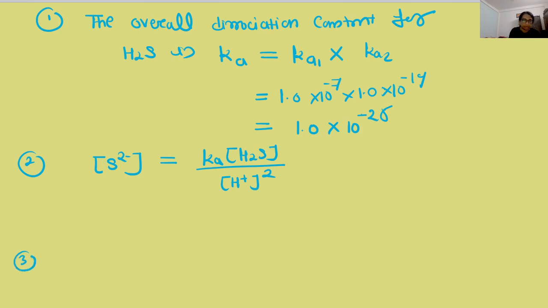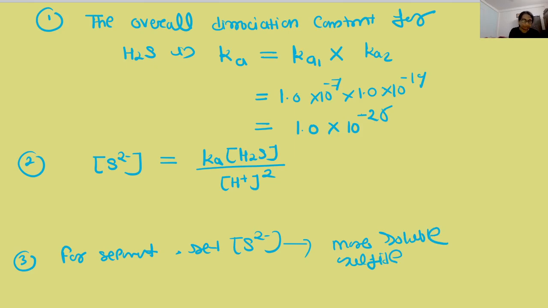Now step number 3, for the separation. We set the sulfide ion concentration such that the more soluble sulfides, the ones with high Ksp value, that is M3 and M4, do not precipitate, while M1 and M2 do.